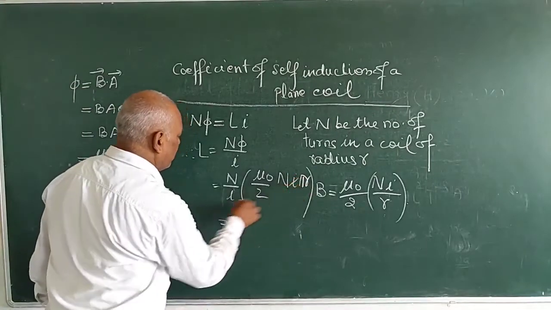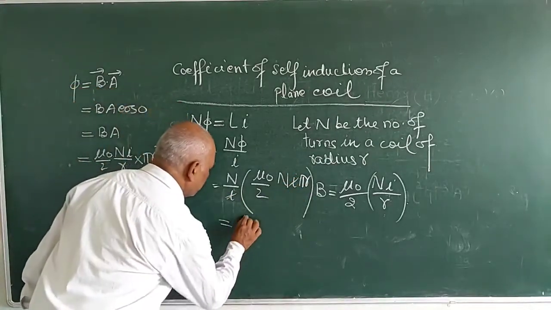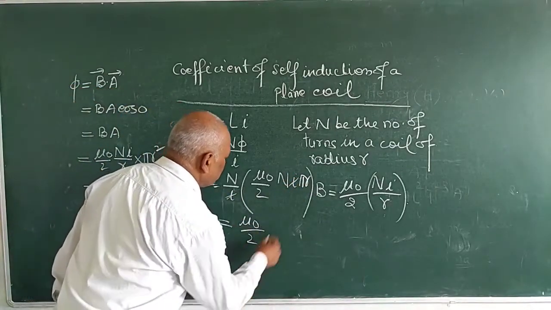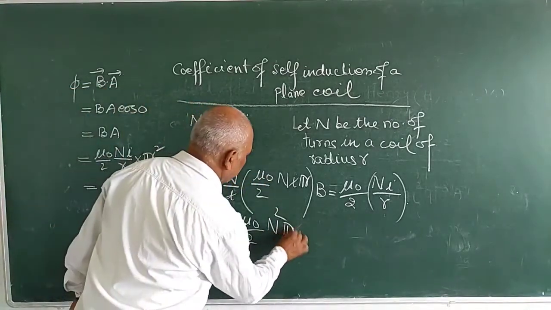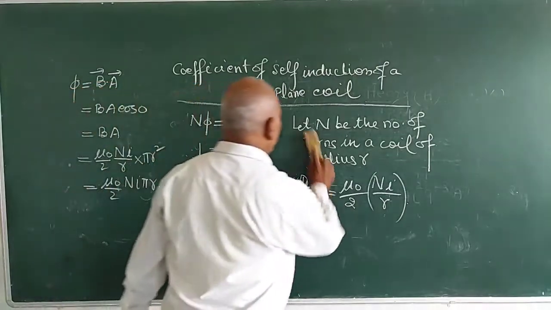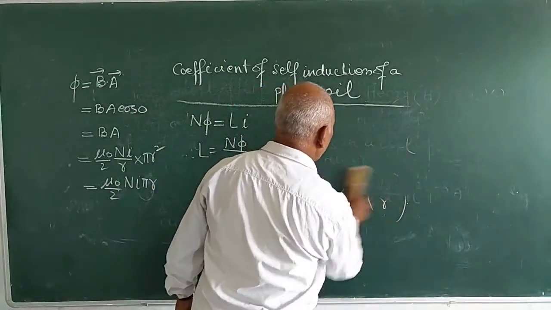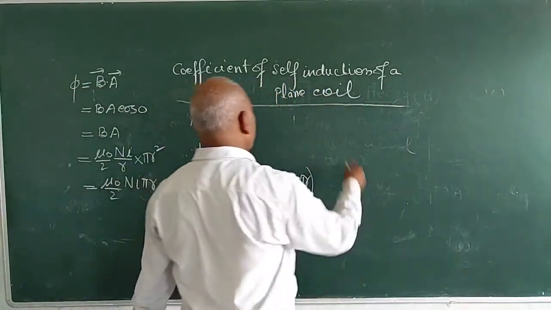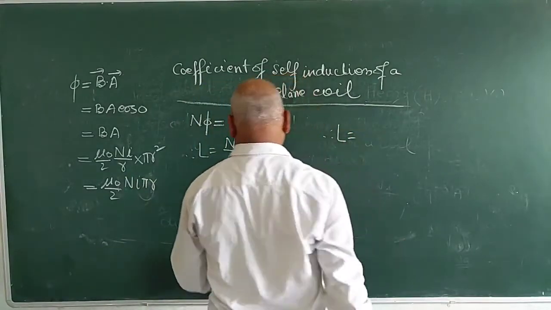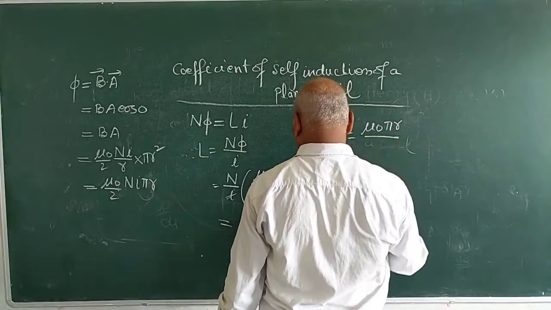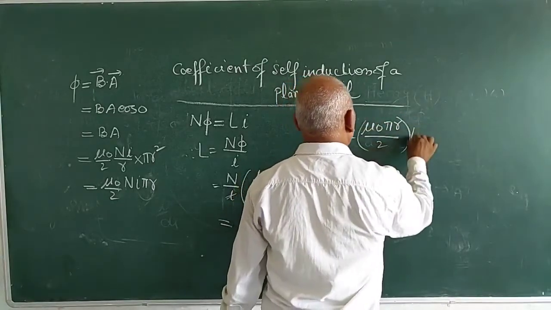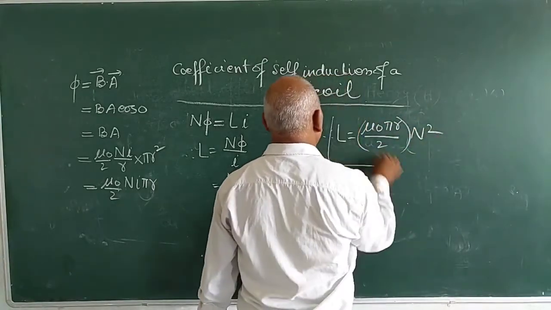Now I will be cancelled out, so this becomes mu naught N square pi R by 2. So finally it is written in this form, L is equal to mu naught pi R by 2 into N square.